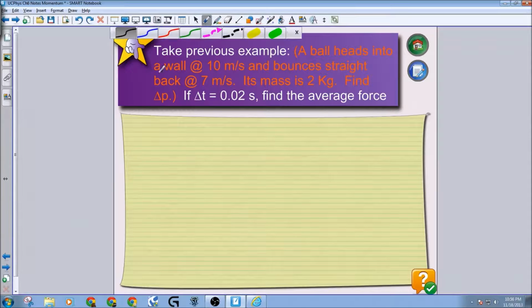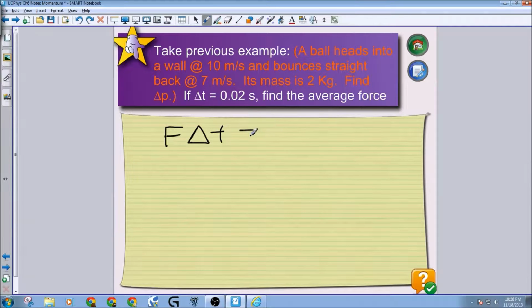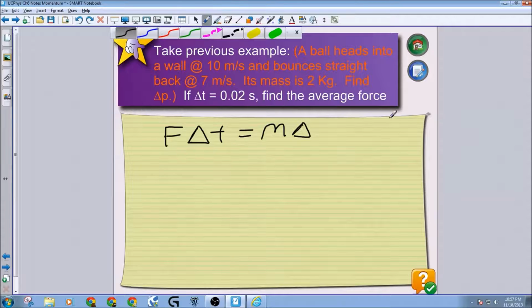So I'm going to jump straight to the equation that we had before. F delta T equals M delta V. Force is what we want to know.